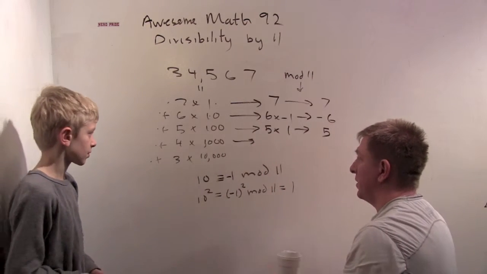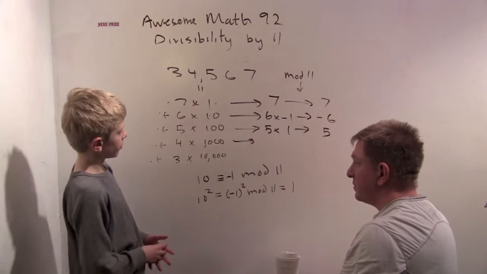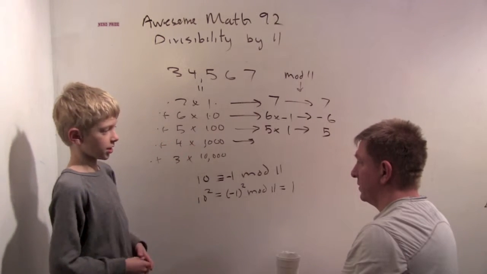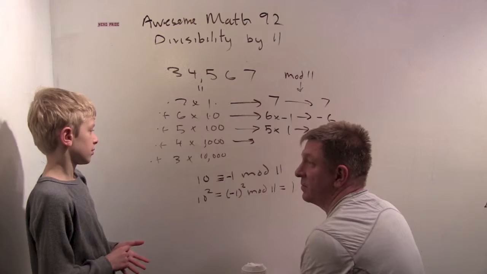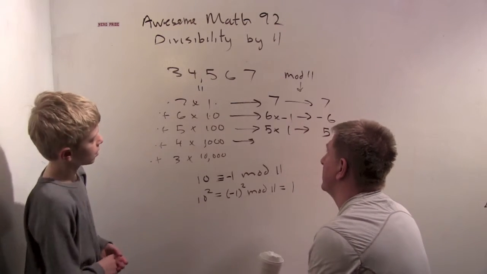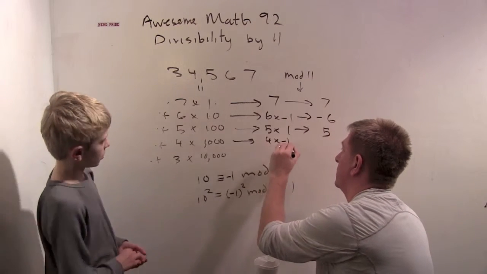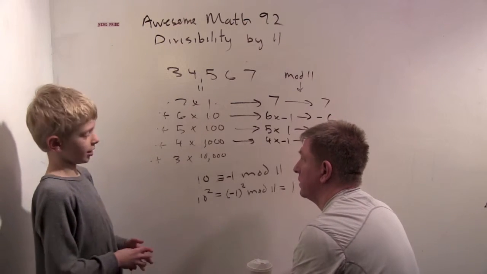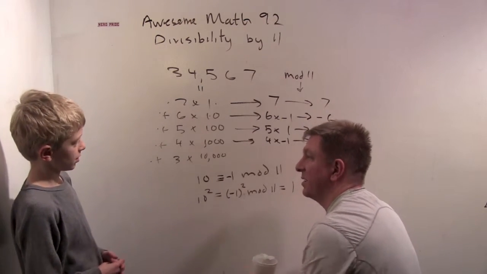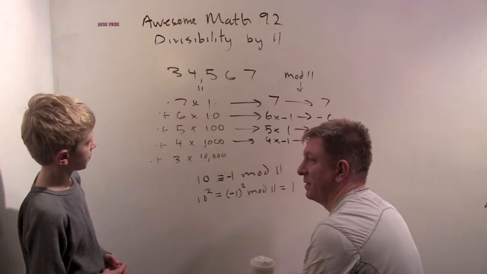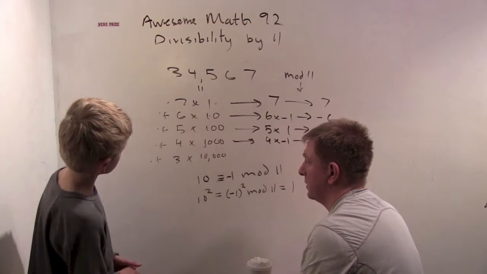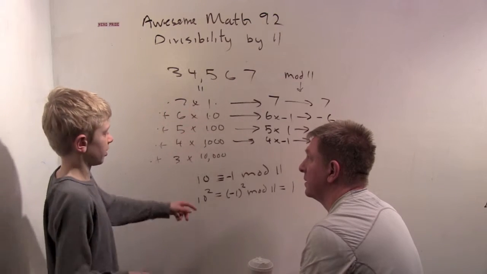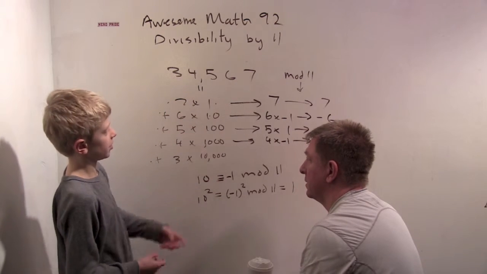What about 1,000? How can I quickly figure out what 1,000 is mod 11? Well, you can use our pattern: 4 times minus 1. But why is 1,000 minus 1 mod 11? How do we know that quickly? Not because we multiply by 11 each time.